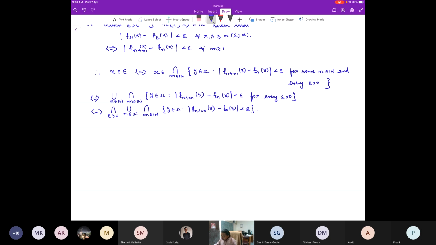Right. Now, instead of epsilon, I could have chosen it as 1/k. Because of the Archimedean property, if it holds for all 1/k, we are done. So this is the same as, instead of epsilons, you put it as 1/k. So k in N, union over n in N, intersection over m in N, all those y in omega such that modulus of f(n+m)(y) minus fn(y) is less than 1/k, right?